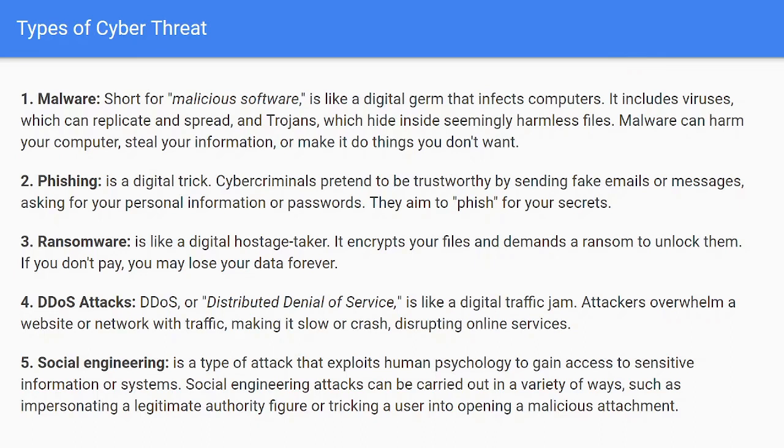Malware can harm your computer, steal your information, and make it do things that you don't want it to do. Malicious software simply means that someone created this application with bad intentions in mind. You understand? You want to do something that you're not supposed to do, right?